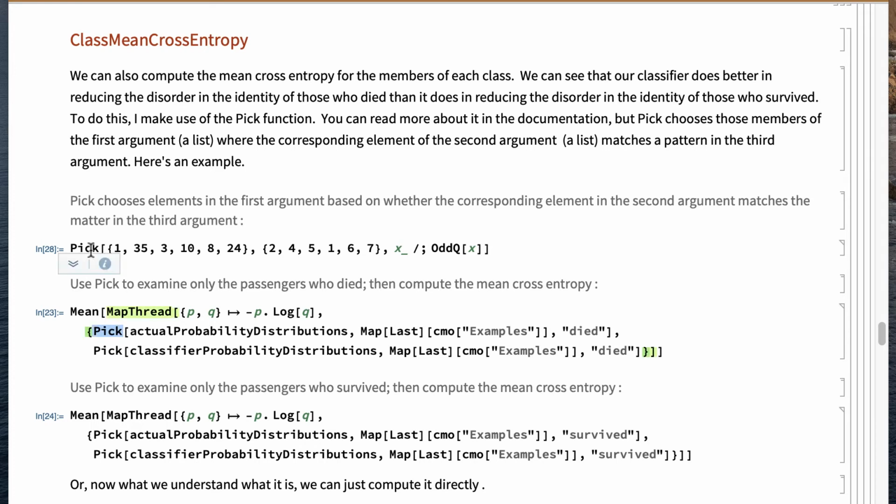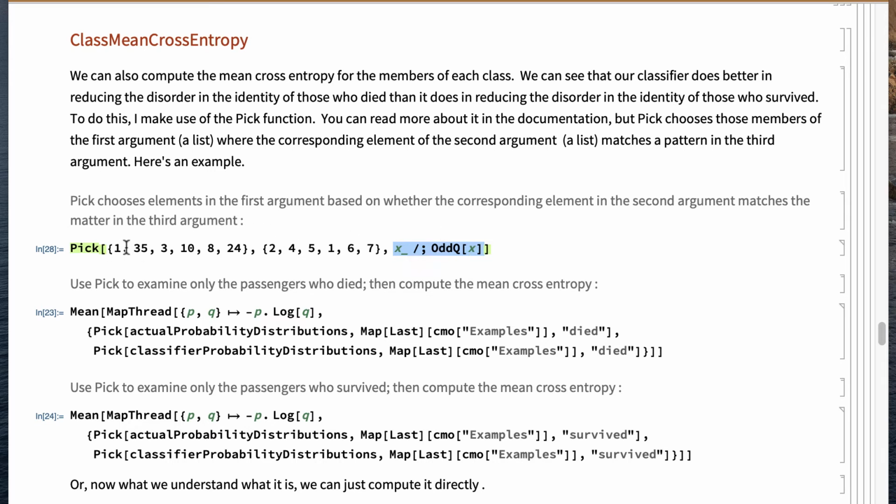And let me see, if we haven't used much picking before, so let me show you pick. So it has 3 arguments. First argument, second argument, third argument. It says pick from the first argument only those members where the corresponding member of the second argument satisfies the pattern in the third argument. So for 1, we look at 2, and we say, is 2 odd?